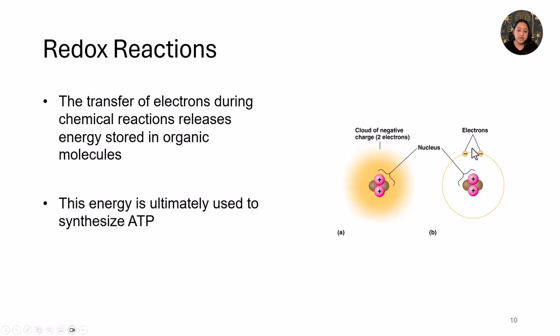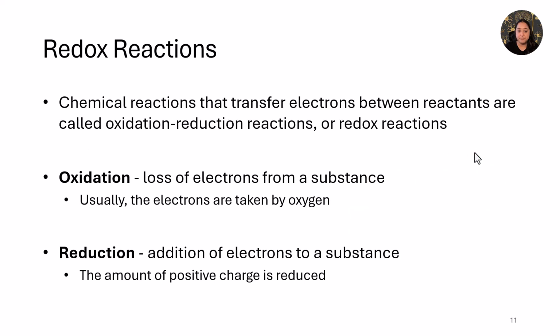So these electrons can be transferred to other atoms. And so the transfer of electrons during these chemical reactions releases the energy stored in organic molecules. And the energy is ultimately used to make ATP. Now, there are chemical reactions that transfer electrons between reactants.